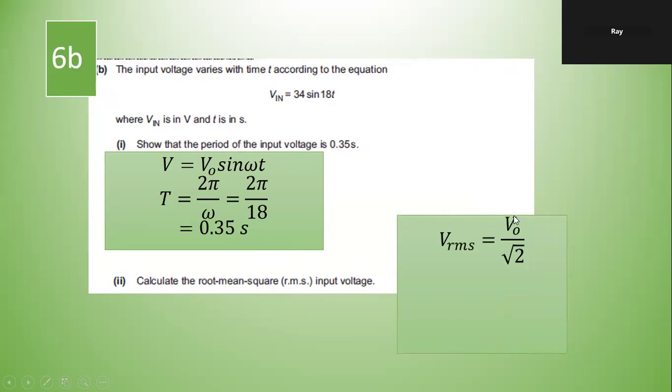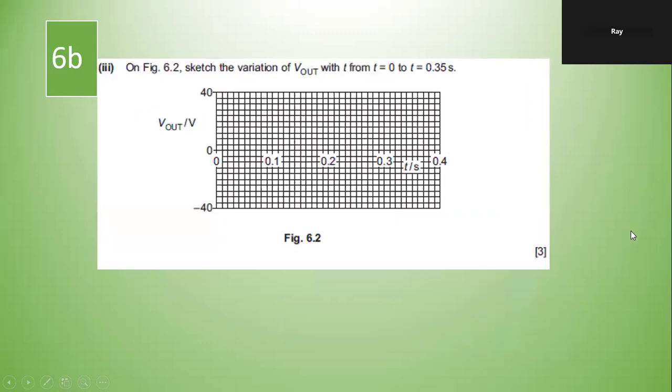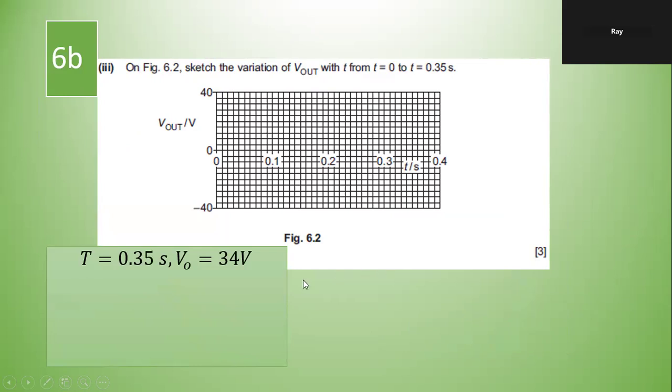The peak V0 is 34. That's the reason why they ask you to calculate. They want you to draw the graph. You have to calculate the period and V0.